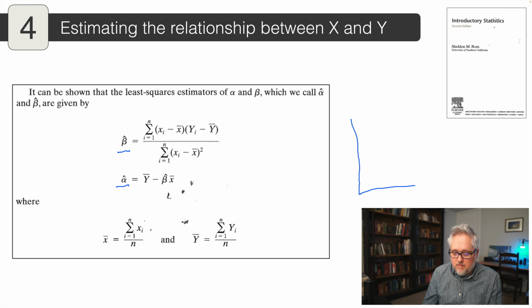So you have this relationship here, and so you have your x and your y, and you have the line here. Then the slope here is the beta, the slope. And then the alpha here is the value when x equals 0.